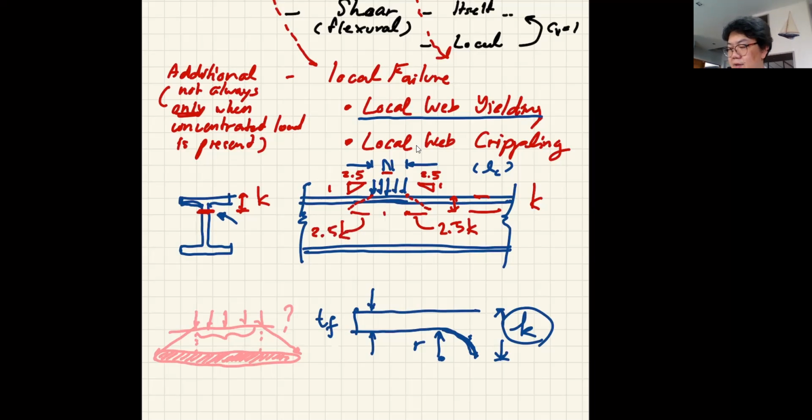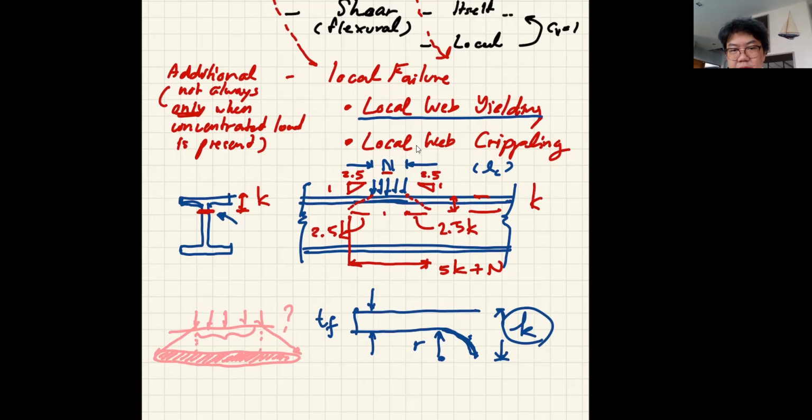In the middle, we have N. So the length along the longitudinal axis is going to be equal to 5K plus N. That's the area where our beam can resist the concentrated load.